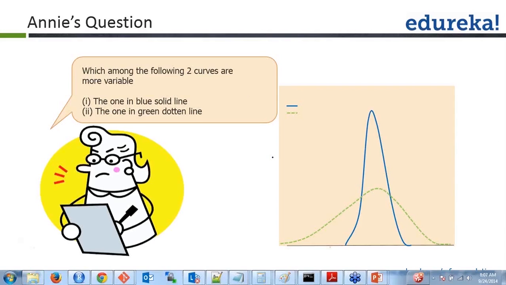The question for you is, which of the following two curves is more variable? Is this distribution more variable, or is this distribution more variable? Okay, please share your views or answers.